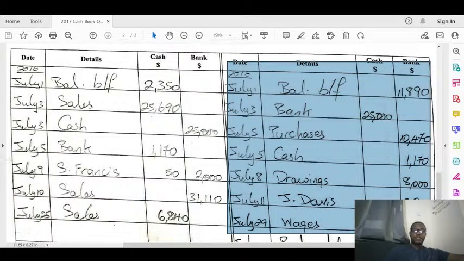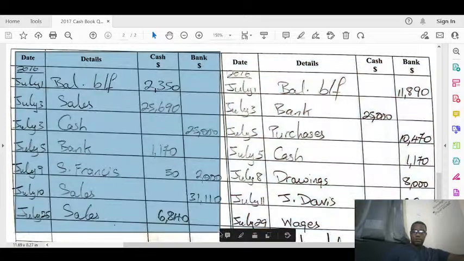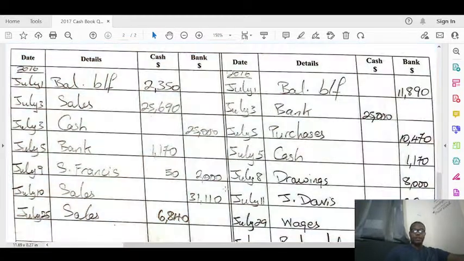And anytime the business is receiving, whether cash or check, you record it on the debit side of the cash book. So it is important for you to remember the principle of the cash book. As I was saying earlier, the transaction on July 3 says cash sales 25,690. It means that you are selling goods and receiving cash. So you would debit the cash book and put the information under the cash column.